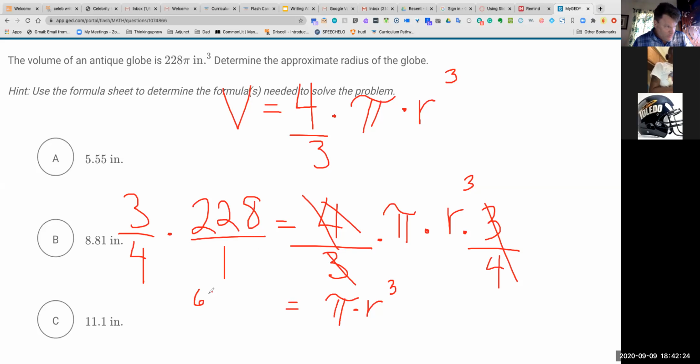That's an expressway I grew up near. 684. 4 times 1 is just plain old 4. Now we need to divide this out. 684 divided by 4 is 171.